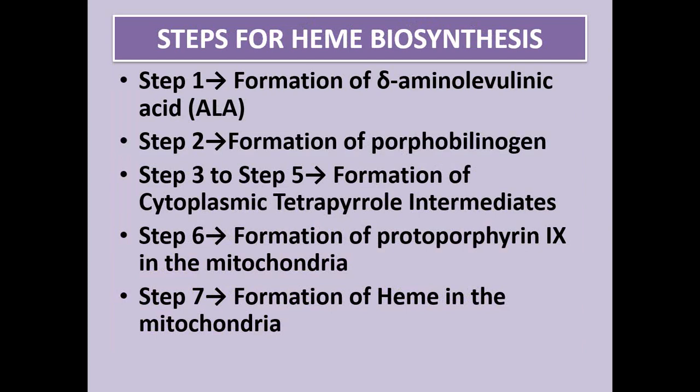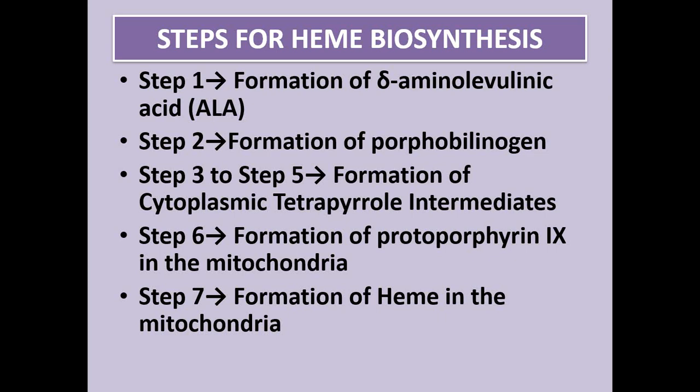Then we will start the synthesis of heme. There are certain steps, basically divided into 7 steps. Step 1 is formation of delta-aminolevulinic acid. Step 2 is formation of porphobilinogen.